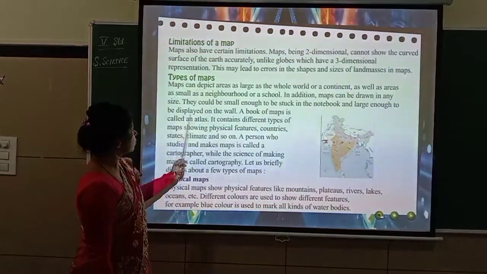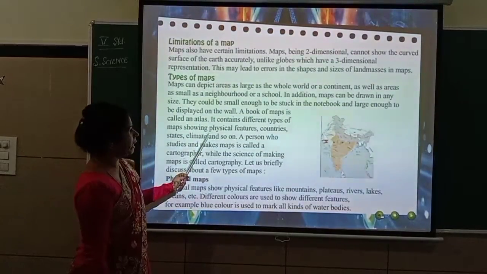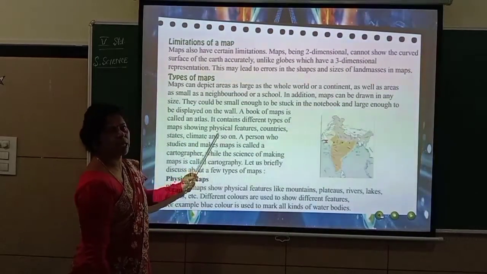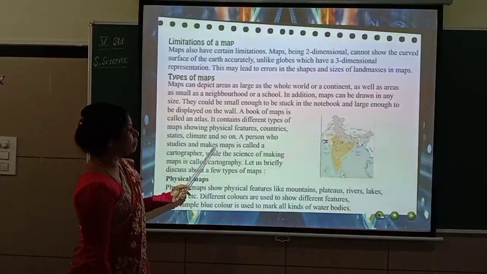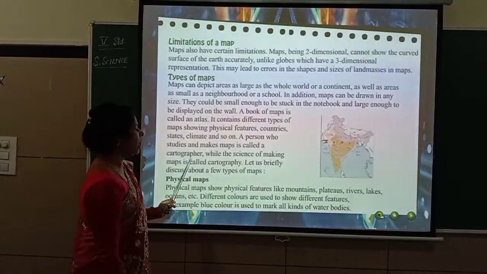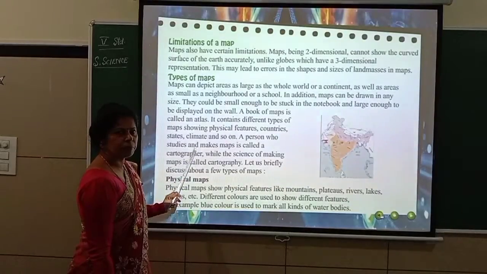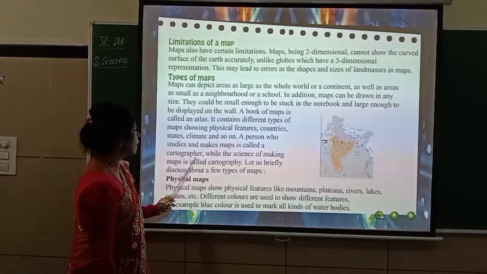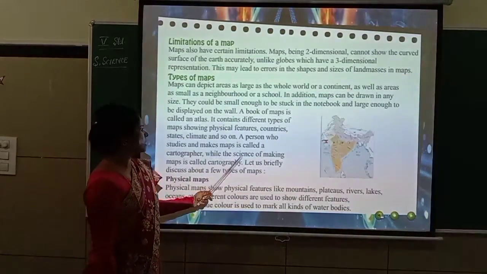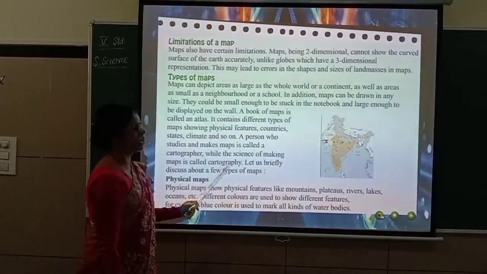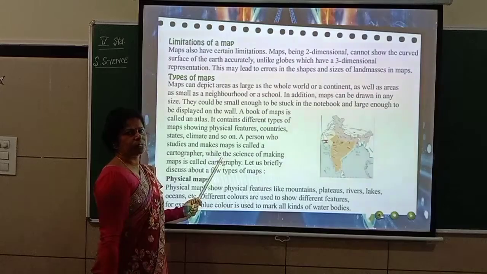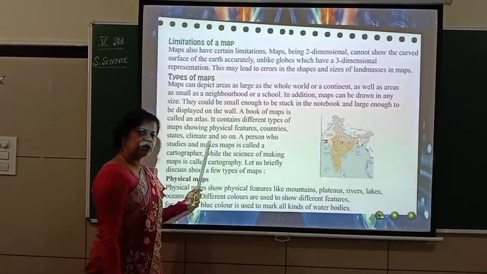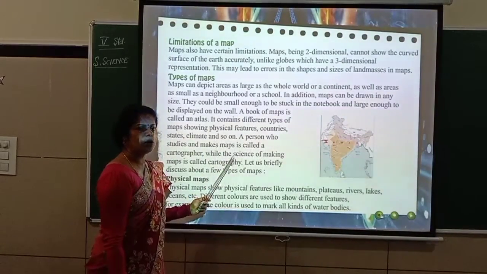Remember, a person who is designing that is called a cartographer, while the science of making maps is called cartography. So the process or the science of making maps is called cartography, and one who designs, we call him a cartographer.